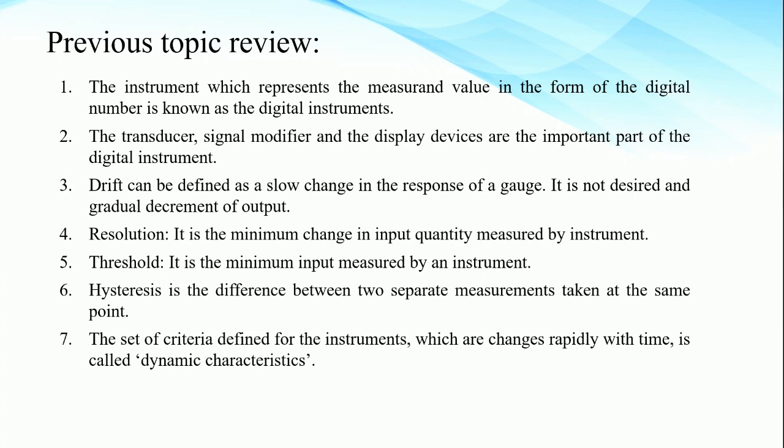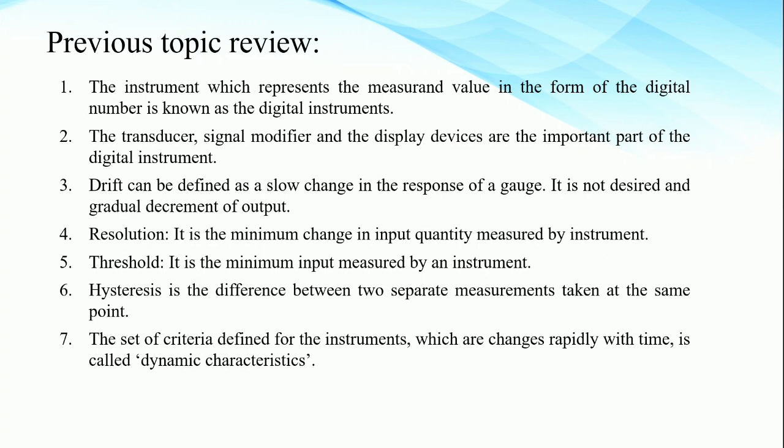Then we have already learned about different terminologies associated with digital instruments, which are very important regarding the measurement of any physical phenomena using any kind of digital instrument. Number one is drift, which is the slow change in response of a gauge.